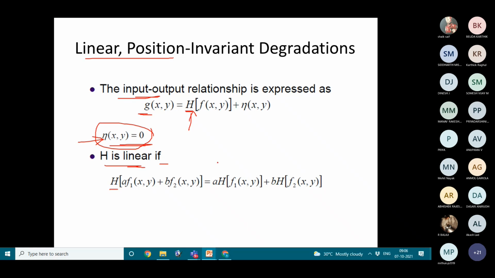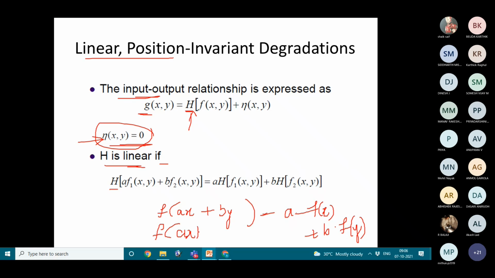This is nothing but the simple linearity equation. So if I give f of ax plus by, it will be a into f of x plus b into f of y. That is when it is satisfied and it is linear. That is, f of ax has to be a into f of x. If this is satisfied, then the other will also be satisfied.